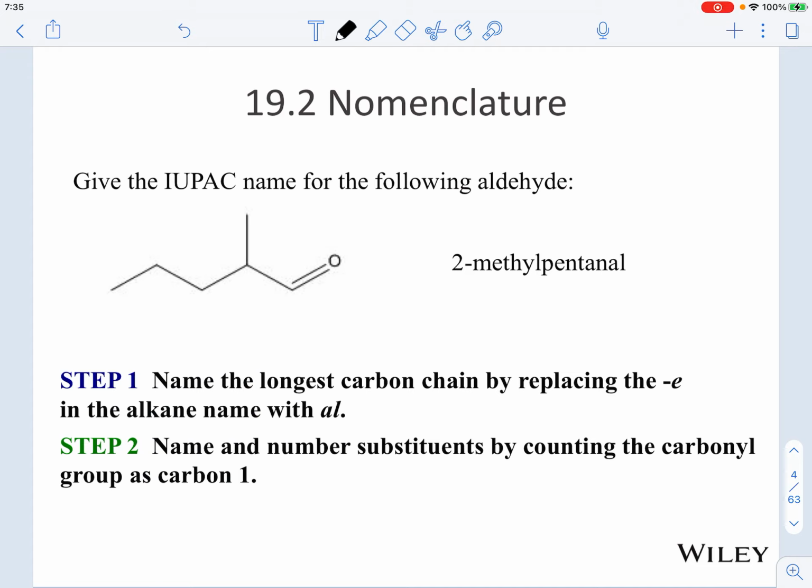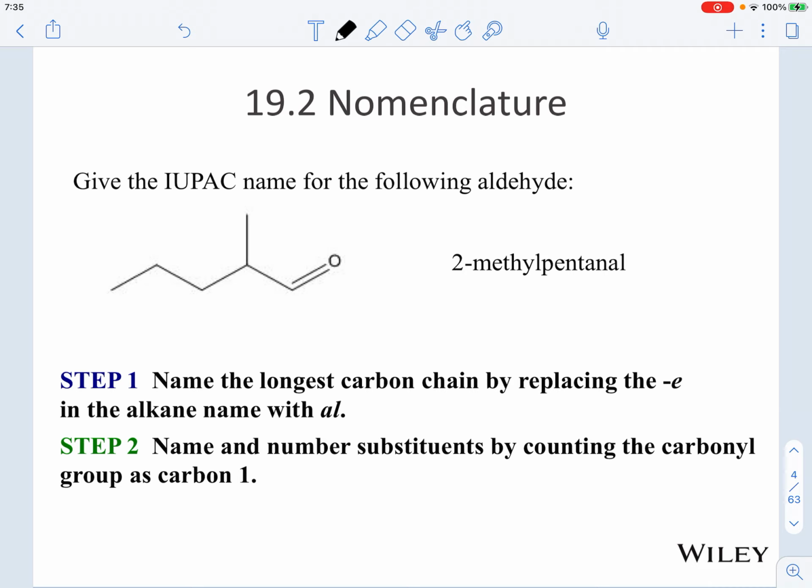Let's first discuss the nomenclature rules for aldehydes. So when it comes to aldehydes, as you can see, the first rule is going to be identifying the parent chain. And for that, we are going to be locating the longest carbon chain. In the alkane name for it, we are going to change the E ending to an AL ending.